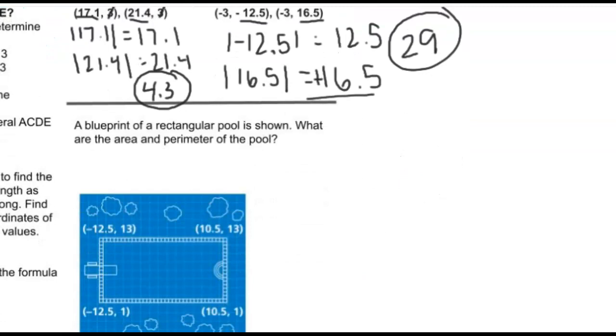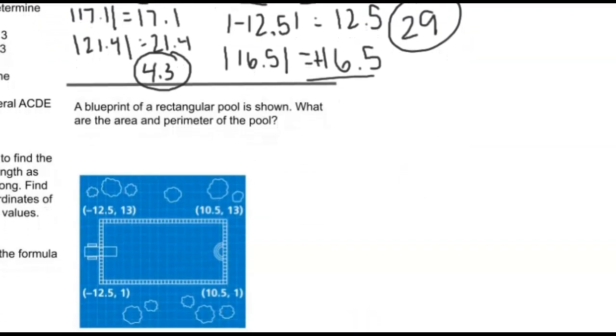Last one on the side. A blueprint of a rectangular pool is shown. What is the area and the perimeter of the pool? So we need to find the distance. So if I look here, these are both positive. This is a negative and a positive, so they're in different quadrants, so we're going to add them. And I'm going to look at the first number on this one because the second number is the same. The absolute value of negative 12.5 is 12.5.